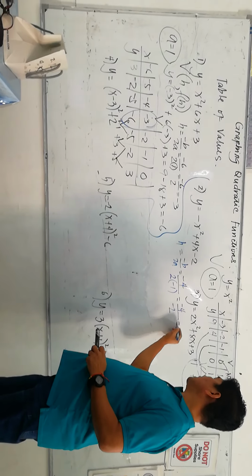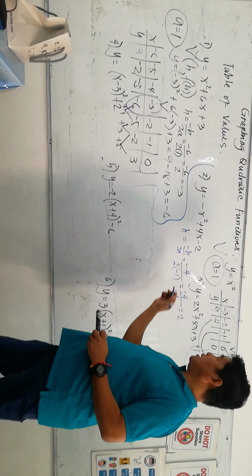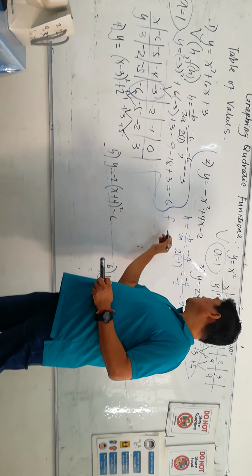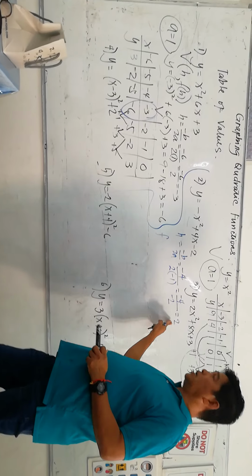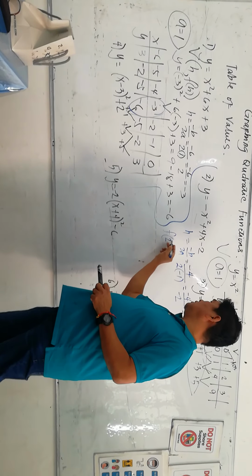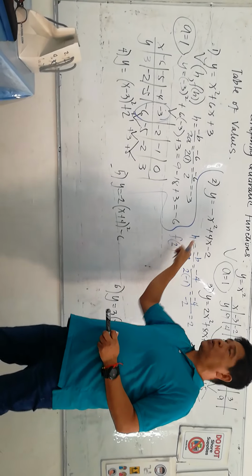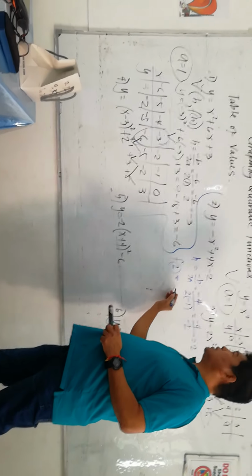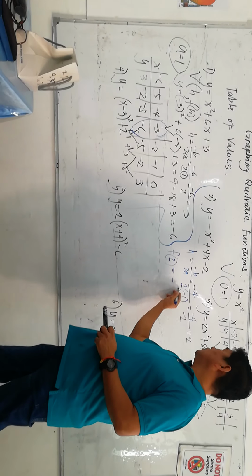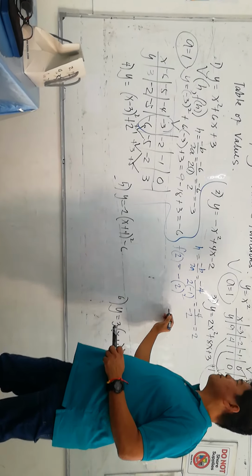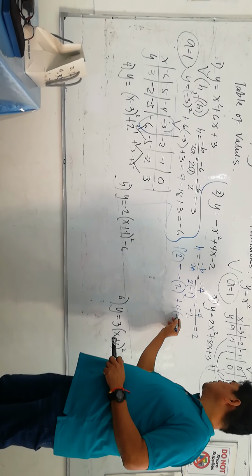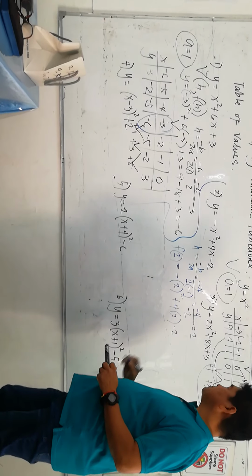So for you to find the value of your k, simply plug in f of 2, meaning you will replace the value of your x by 2. So f of 2 is equal to negative of 2 squared plus 4 times 2 minus 2.